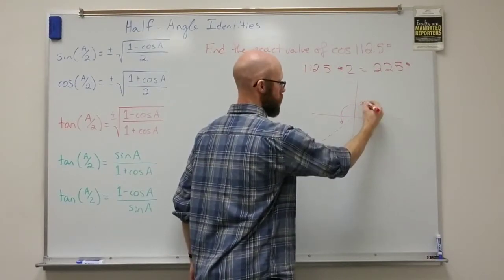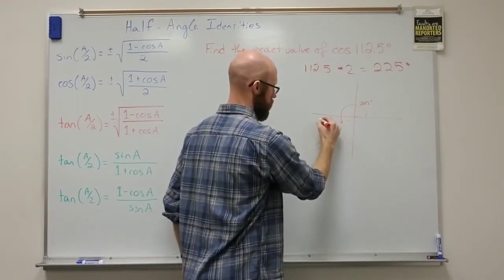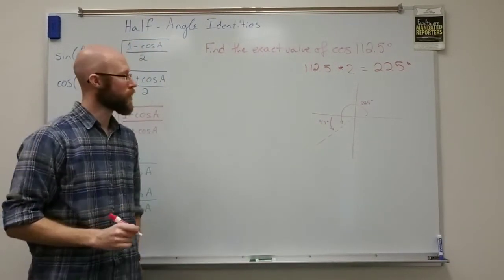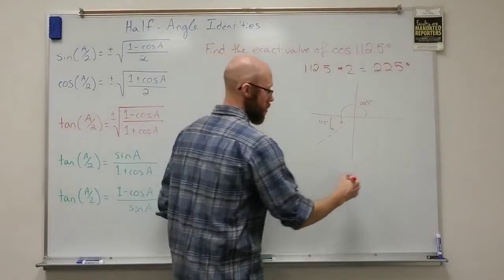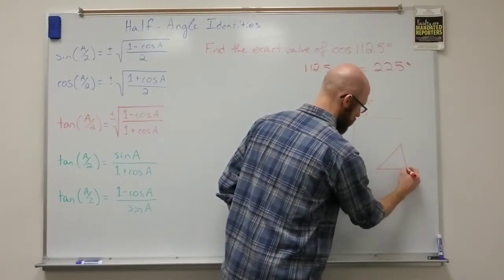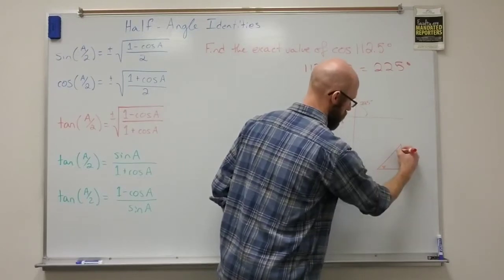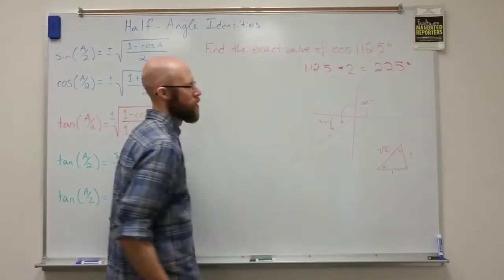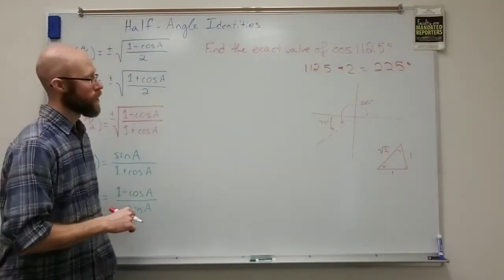So we can use a 45, 45, 90 triangle, which we know has sides 1, 1, and root 2, or ratios 1, 1, and root 2.